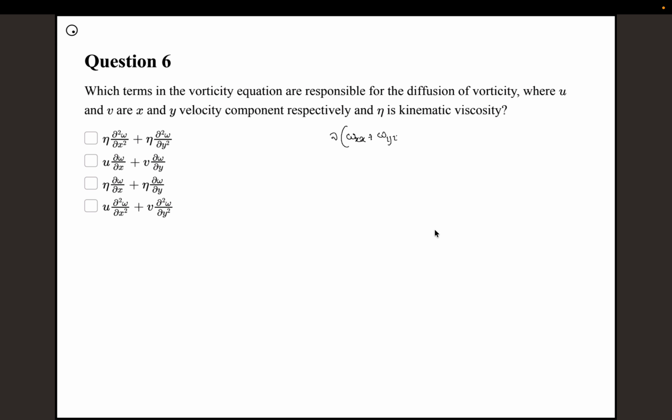We need a double derivative. This is something we discussed even last week when we were discussing dissipation versus dispersion errors also. Whenever we have a second order derivative is what we call diffusion. Here we are saying diffusion of vorticity, so it should have a second order derivative, and it should be multiplied with the corresponding viscosity. So it has to have eta.